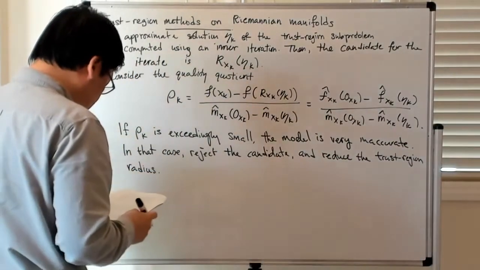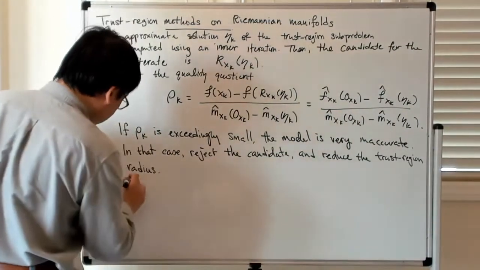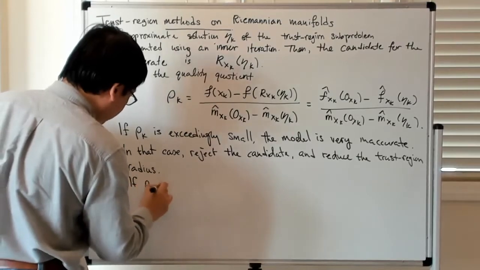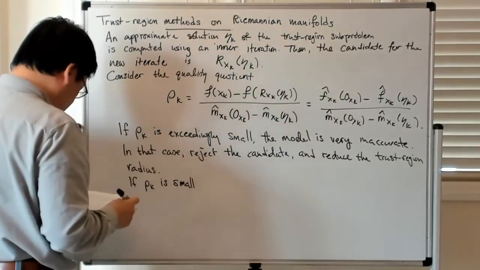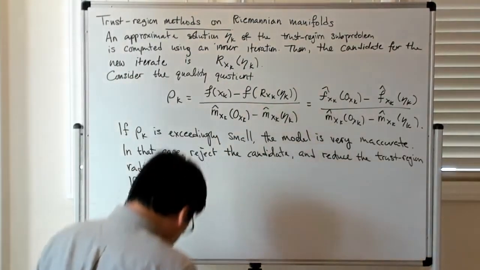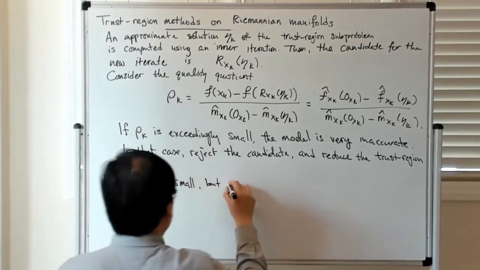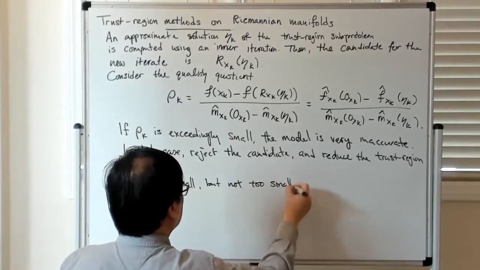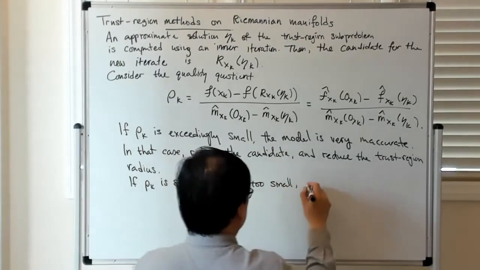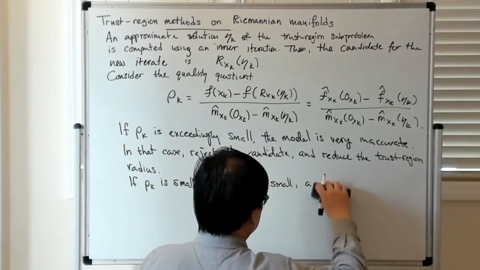That's one possibility. If rho k is small, but not too small, then what you do is accept the candidate, but reduce the trust region radius.